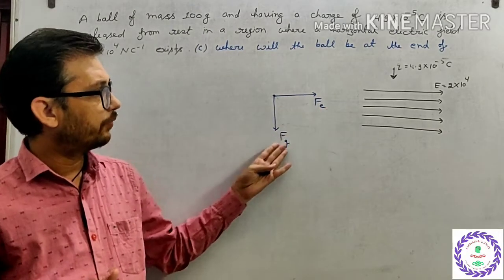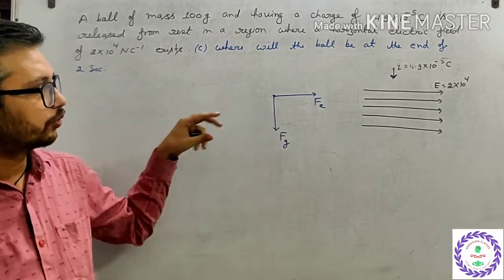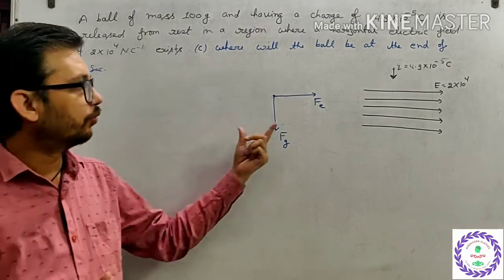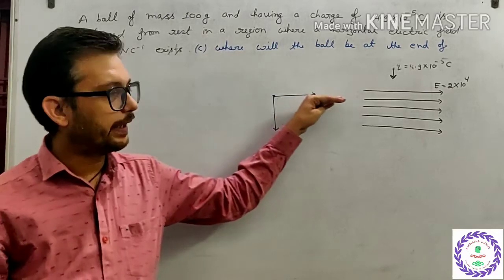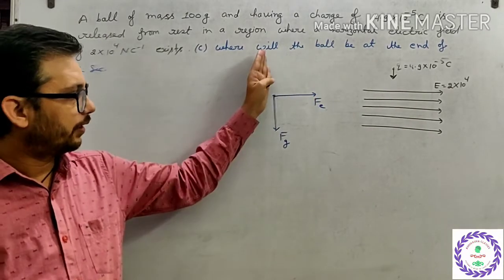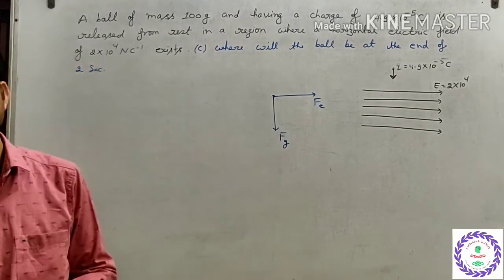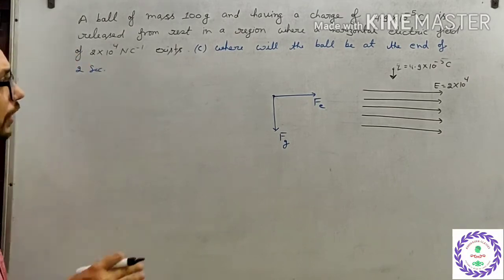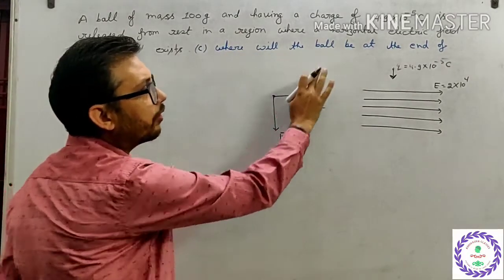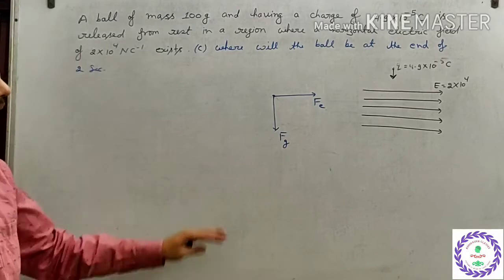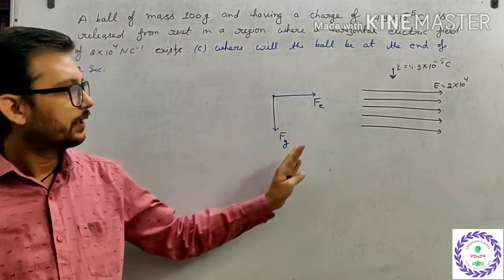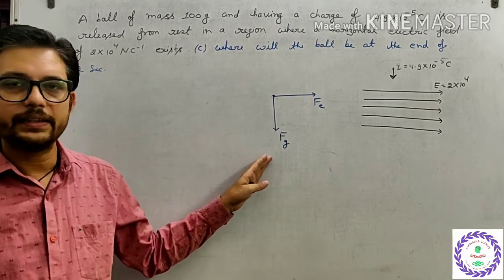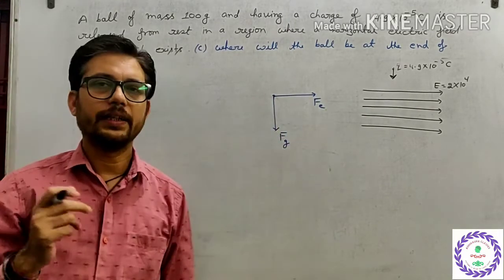So we have two directional motion, or we can say the motion will be two dimensional. It will be in the x axis as well as in the y axis. So firstly we find the displacement in the x axis, then the displacement in the y axis, then we find the resultant.